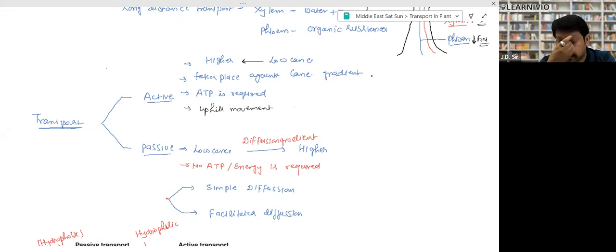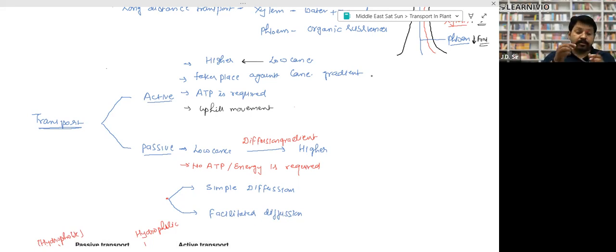Minerals. The concentration of minerals is more inside the plant cell and less in the soil, so they will not move into the root by simple diffusion. The plant will spend energy and take those substances from outside by active transport.